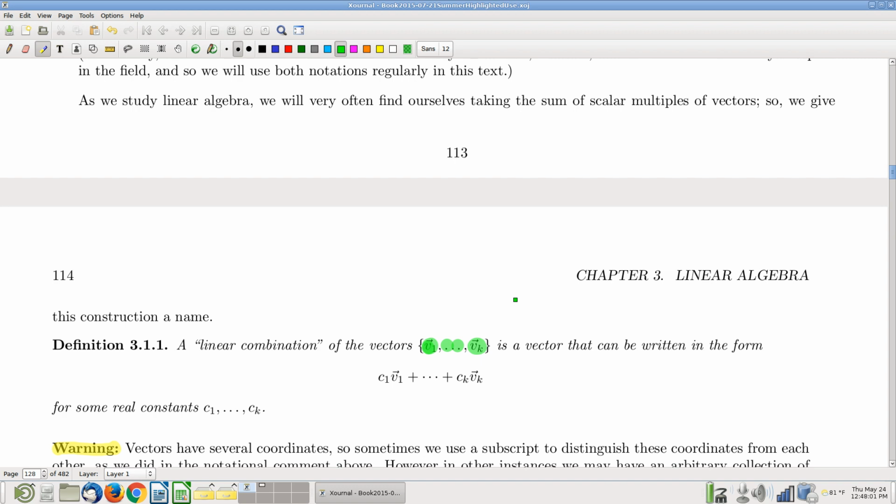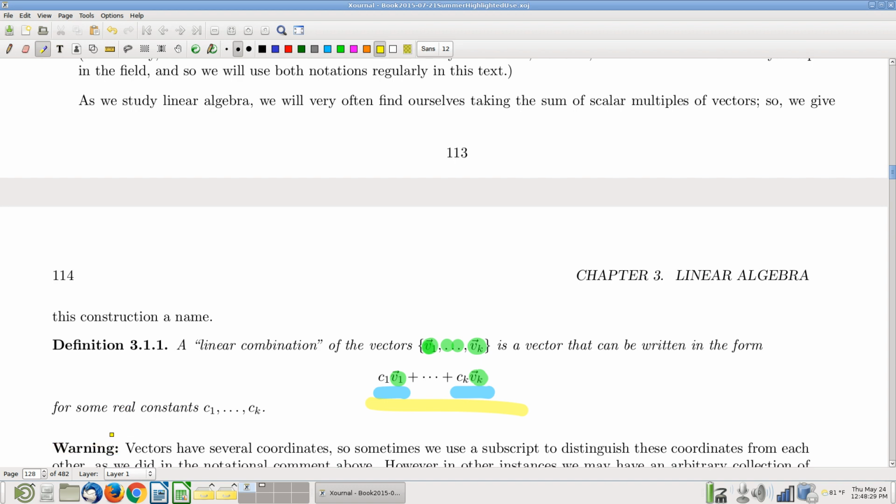And a linear combination says you're going to take those vectors, each one you're going to multiply by some scalar. Now, by the way, that scalar may be 1. That scalar may be 0. Whatever. So you're going to take the vectors in question, multiply by some scalar, and then add them up.